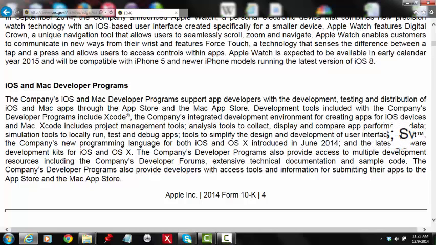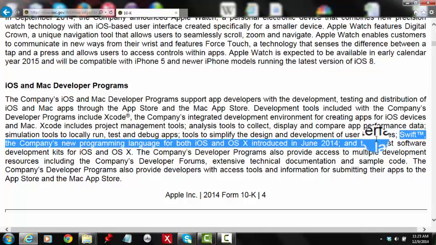Here, you see, this is where your business acumen comes in. Apple, I'm sure, is spending a ton of money to develop this. What this is doing is increasing the intrinsic value of Apple.